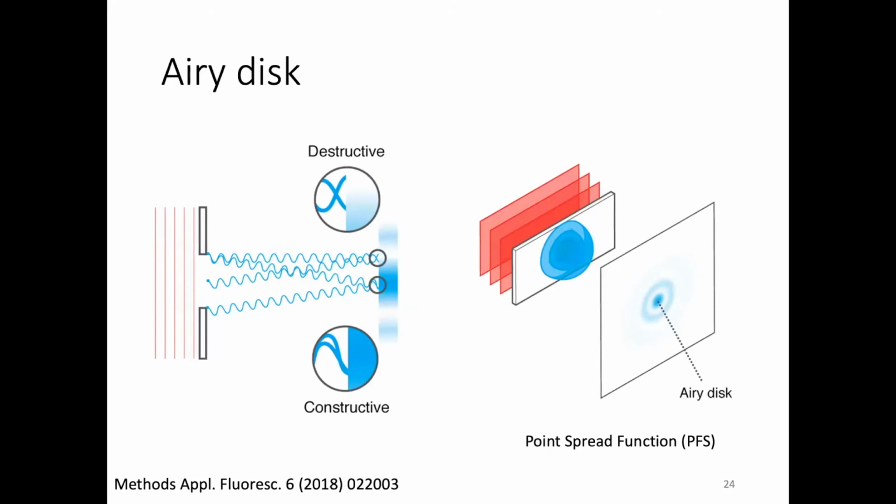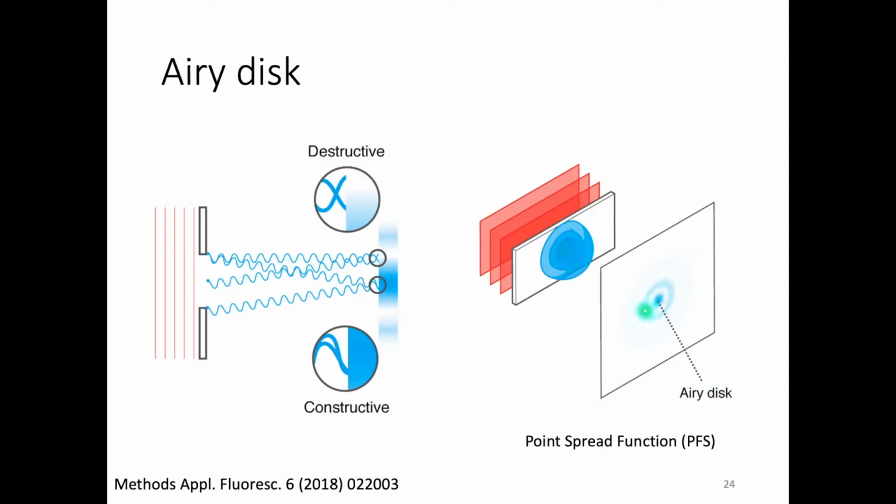Okay, so a little bit more in detail. So what happens in this pinhole of the microscope? So we have coherent light, so we have laser light that comes from the sample, for example, and that goes through this pinhole. So a couple slides back, I showed you these interference patterns of the sun that give lines. If you go through a pinhole, you don't get lines, but you get these kinds of rings. And so this ring is called an Airy disk, because the person that discovered that was Mr. Airy.